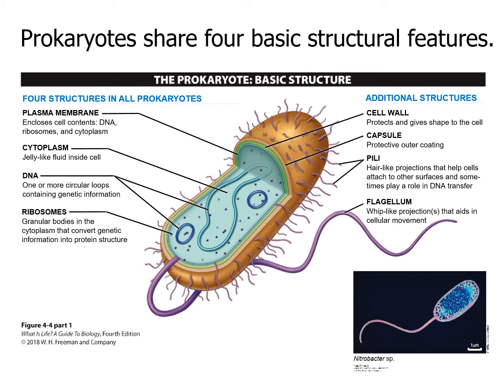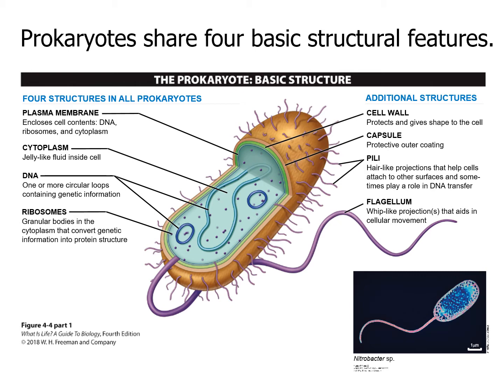So prokaryotes are going to look something like this in a nice little illustration. They're going to have these 4 structures. It is what is found in all prokaryotes, and that is a plasma membrane, cytoplasm, which is going to be the fluid on the inside of the cell, DNA floating about in the cytoplasm, and ribosomes.